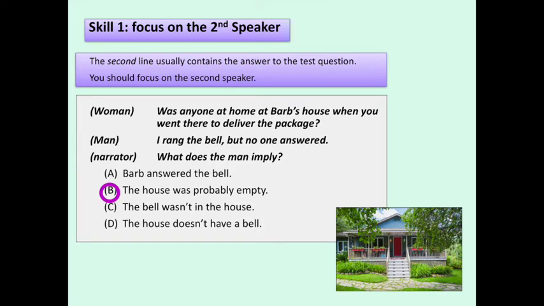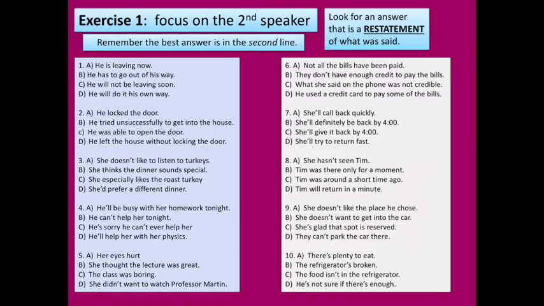We can make this guess because usually if you ring a doorbell and people are home, they will answer the door. But he said that no one answered the door. So we can guess that the house was probably empty. Today's activity will have 10 conversations. But let's look at the first 3 together.